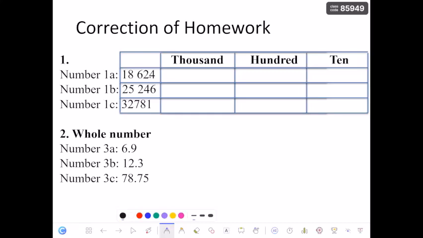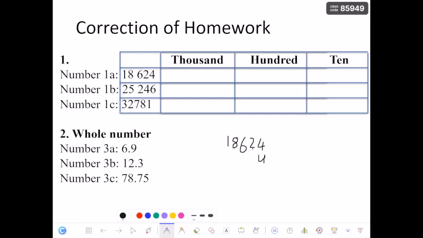to the nearest whole number or nearest 10, 100 or 1000, you need to know your place value. So the first thing you need to do when you're approximating any number is to identify the place value. Let me start with this 18,624 so that you see what we are actually doing. The first digit coming from your right, which is 4, the place value is the unit place value.